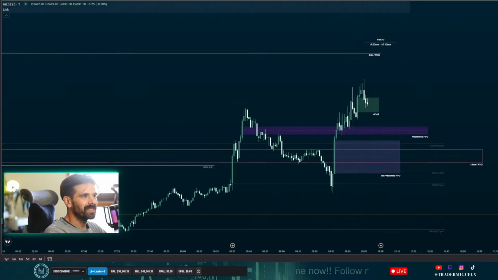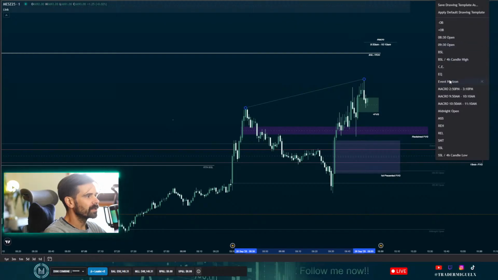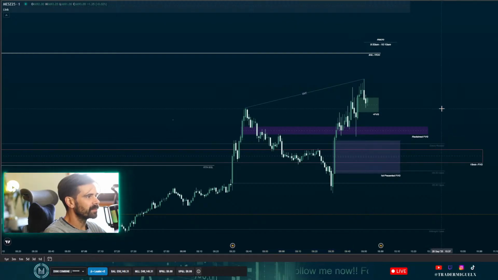But NQ is kind of ugly right now. I don't like how NQ is behaving, honestly. There's still an SMT here in between ES and NQ.